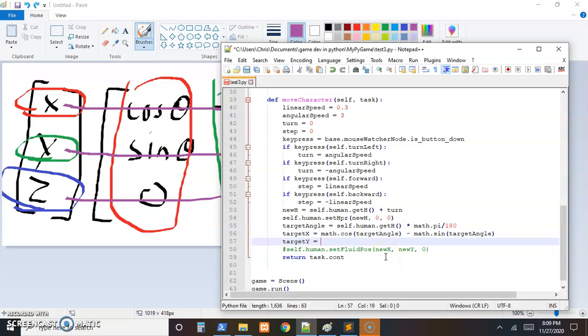So our target y is then math.sin of our target angle plus y times math.cos of our target angle. Now, if you think back to beginning trigonometry, you might remember that for sine and cosine, we actually want to be in the right half of our unit circle, between negative pi halves and positive pi halves.